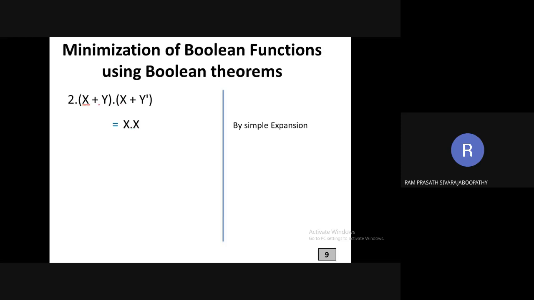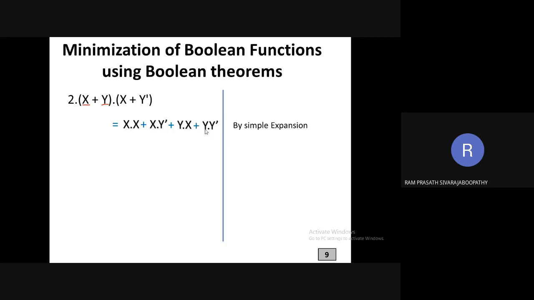Next, x ANDed with y bar, so we will be getting x dot y bar. Similarly, next we are going to do y ANDed with x plus y bar, we will be getting y dot x plus y bar.